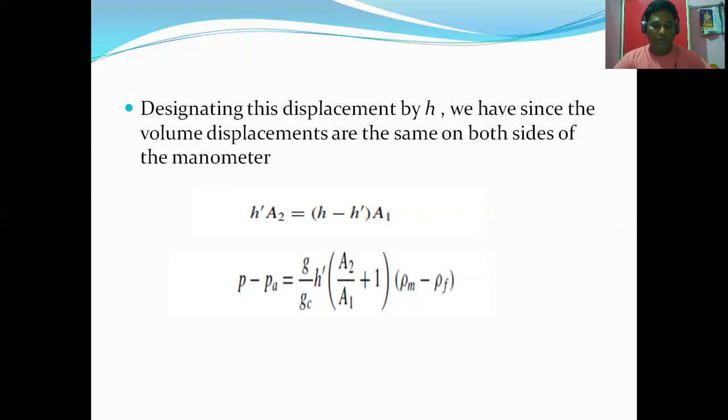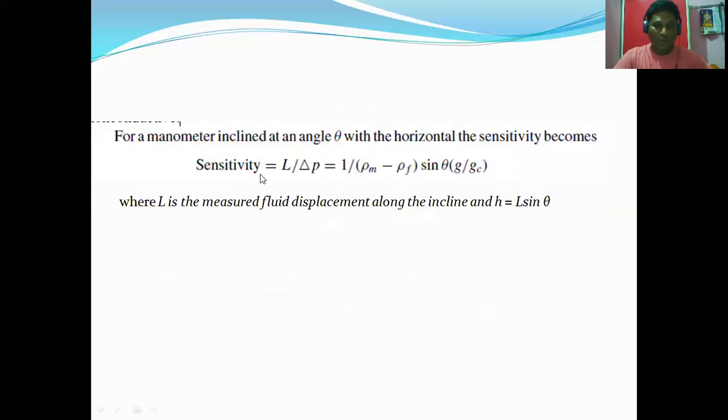For a manometer inclined at an angle theta with the horizontal, the sensitivity becomes L divided by delta P is equal to 1 divided by (PM minus PF) into sin theta into G divided by GC. The movement of the fluid creates an angle, which is denoted by sin theta.